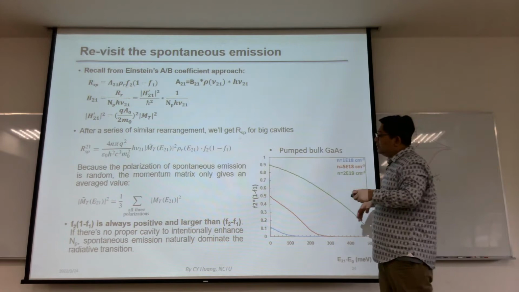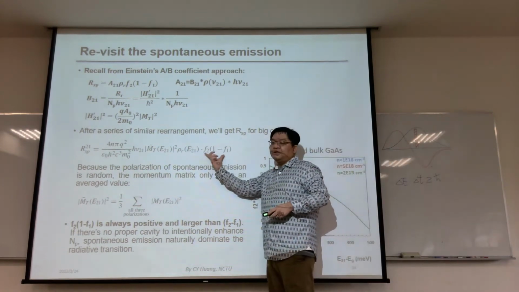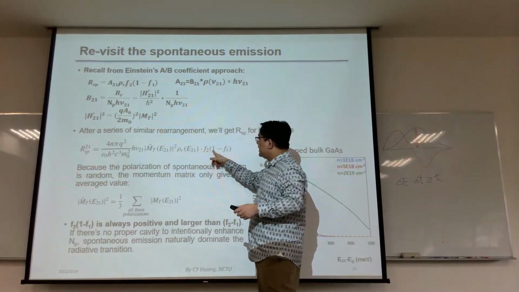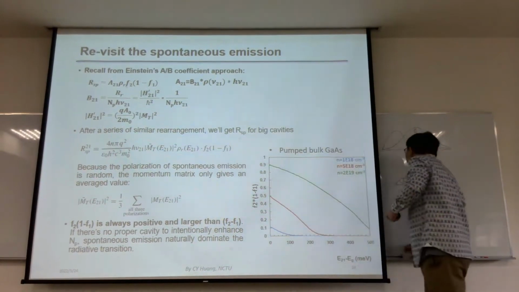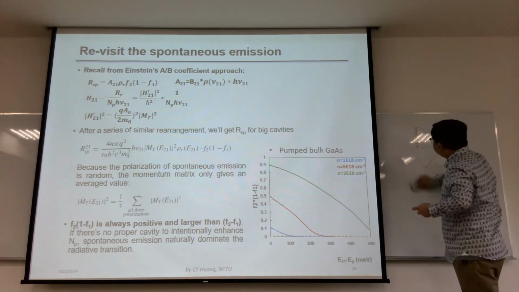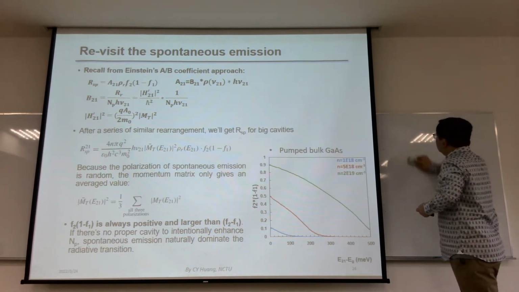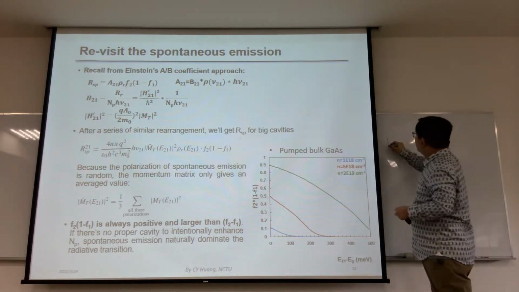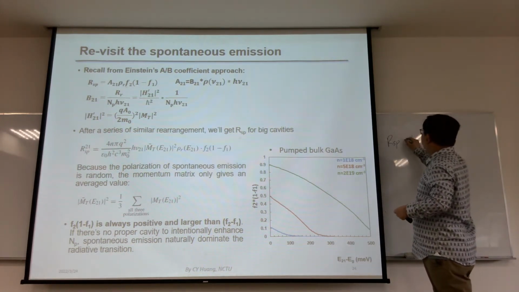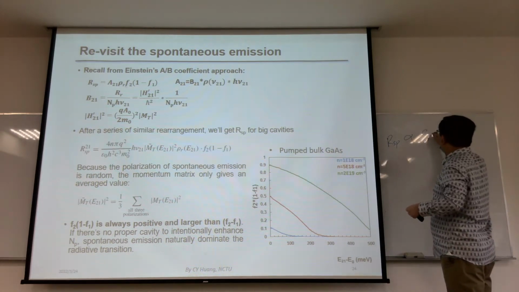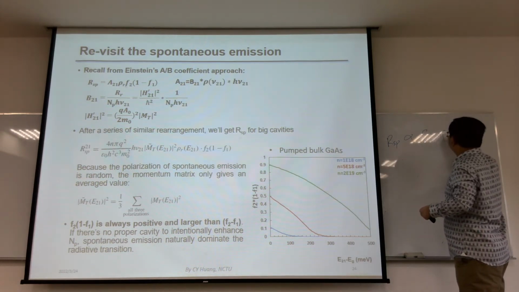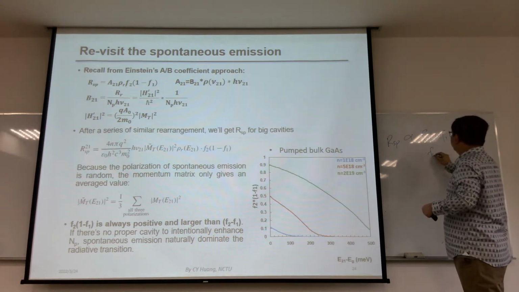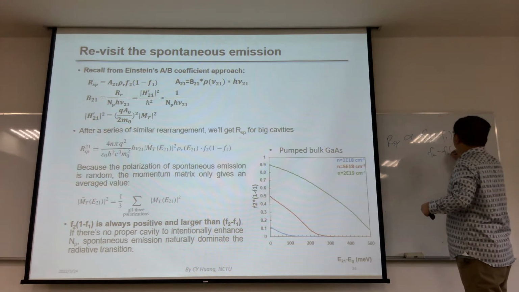But we can get a quick insight if we compare the spontaneous emission rate and the stimulated emission rate by the population term. This term is f2 times 1 minus f1. R_sp is proportional to f2 times 1 minus f1, or f2 minus f2 f1.